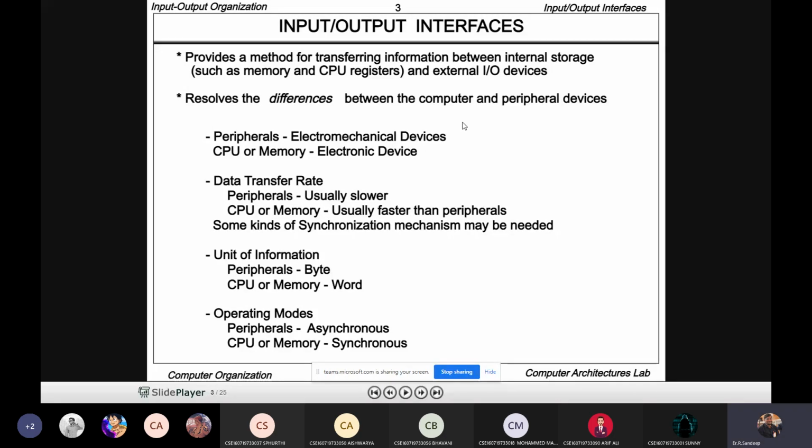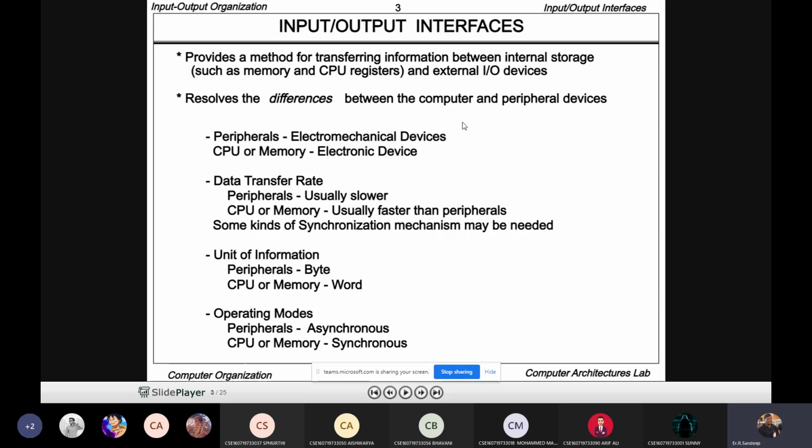So CPU, on the other hand, is an electronic device, a digital processing device. Our computer is a digital processing device. The data transfer rate is also usually slow in the case of the peripherals compared to the CPU. Why?